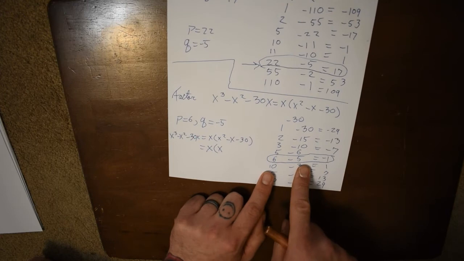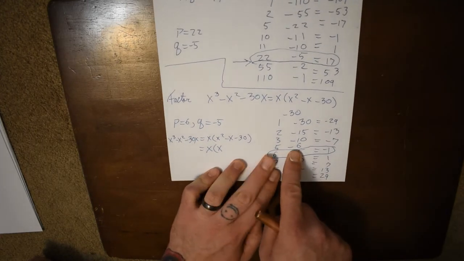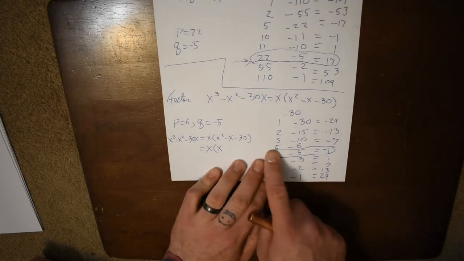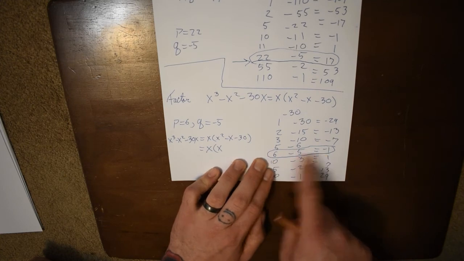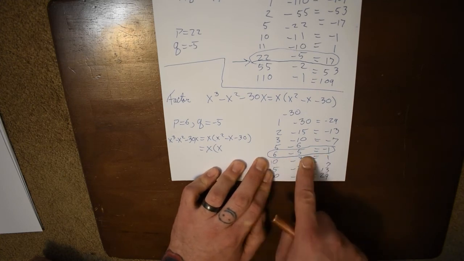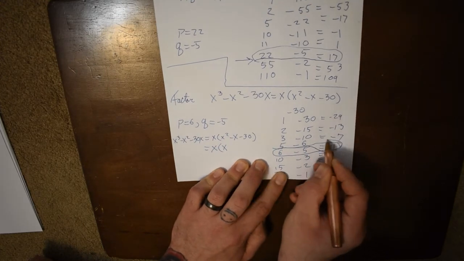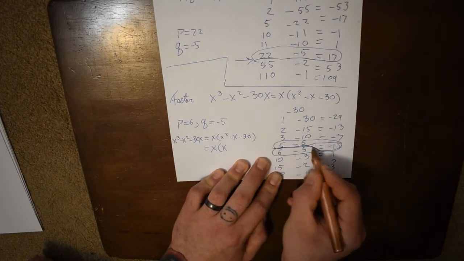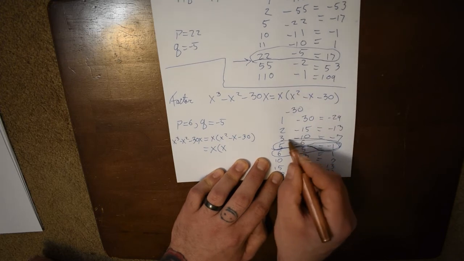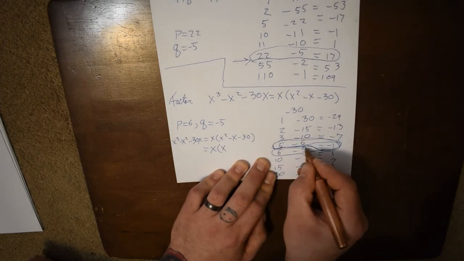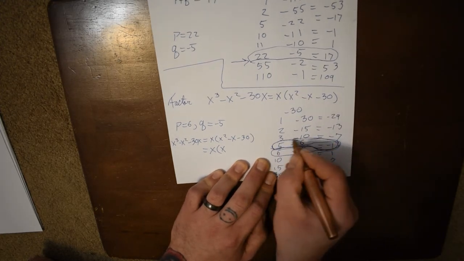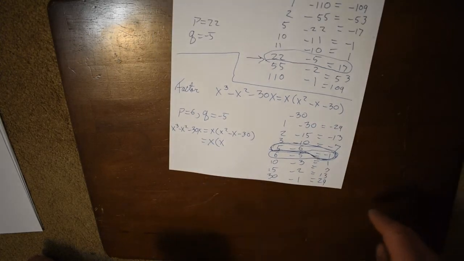I totally circled the wrong one. 5 take away 6 is definitely negative 1, but I accidentally circled 6 take away 5. That's what I meant to circle. Sorry, my table got kind of messy. There we go. That's the one that we wanted.